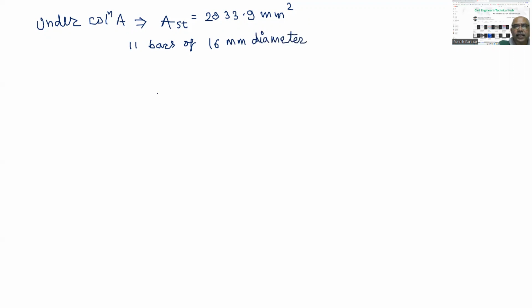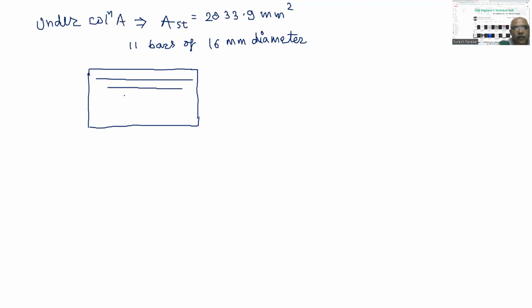Now the reinforcement due to hogging, we have to place at the top. Due to hogging we got 7 bars, so you can curtail these bars alternately, 1, 2, 3, 4, 5, 6, then 7. This is the top reinforcement.